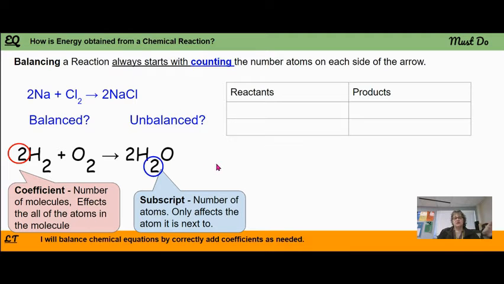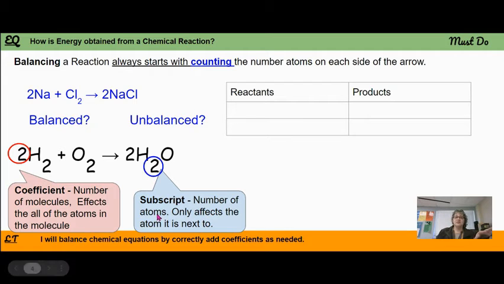One thing to keep in mind is that a coefficient is the number of molecules. It affects all of the atoms in that molecule. So this coefficient 2 affects the hydrogens and the oxygens. The subscript, as opposed to that, is what makes it the compound that it is. If we change that subscript, we have a whole different molecule, so we never ever change the subscript.